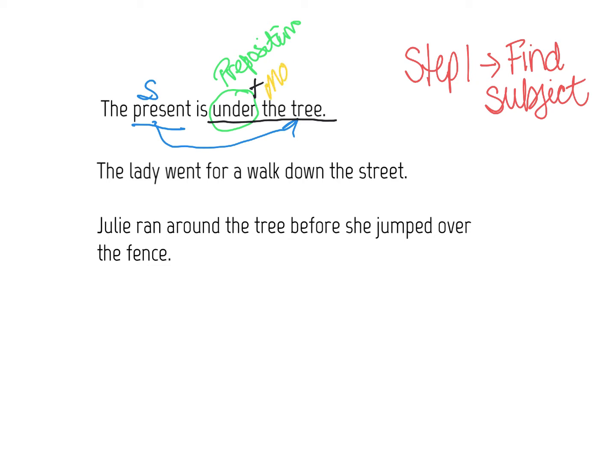So this is the modifier, plus a noun at the very end. And so this whole thing is called the prepositional phrase. And I just usually call it a prep phrase.